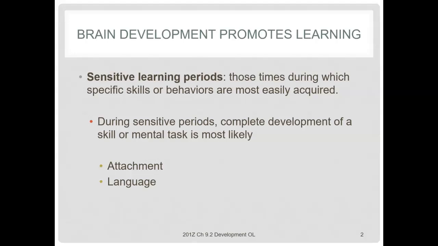But it's the birth to 3 period. Children are just little language sponges. It's quite astonishing. And infants understand a lot more language than they're able to replicate. So their understanding of language far outpaces their ability to produce language.